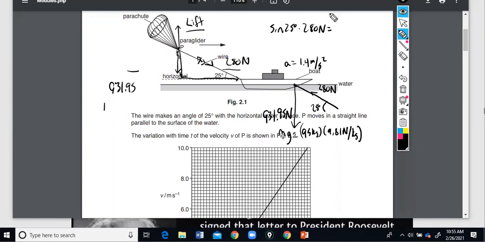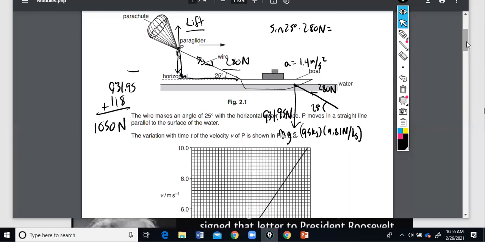931.95 plus sine 25 times 280, 118. So I get a total of 1050 newtons. That would be acting down, and so the lift must be equal to that because we don't have any velocity vertically.